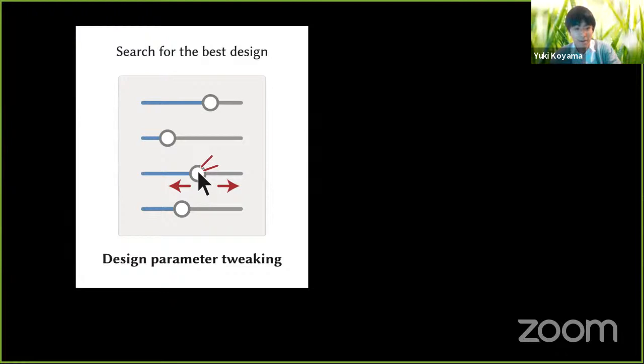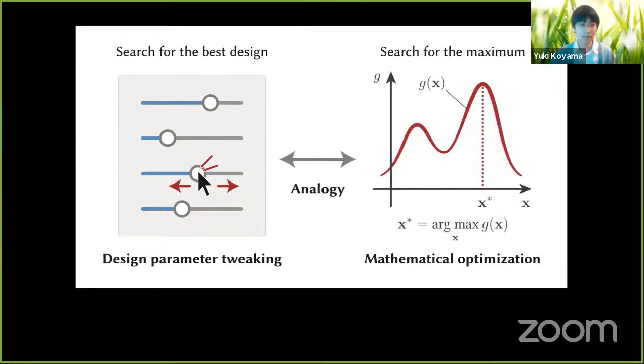And for this purpose, the designer usually has to perform many trials and errors on different parameter configurations. So this manual procedure has an analogy to mathematical optimization, where some iterative algorithm updates the search variables and finally finds the maximizer of some objective function.